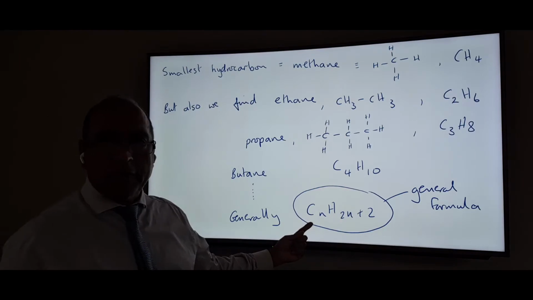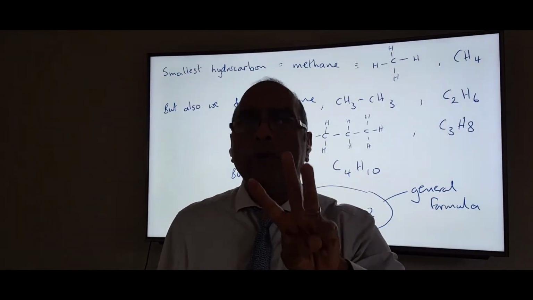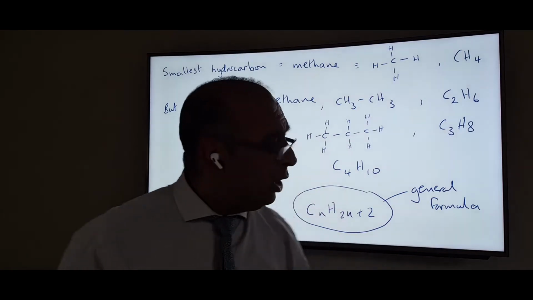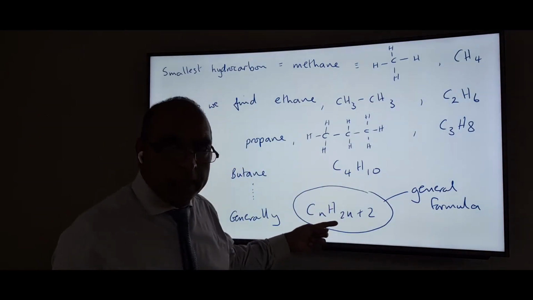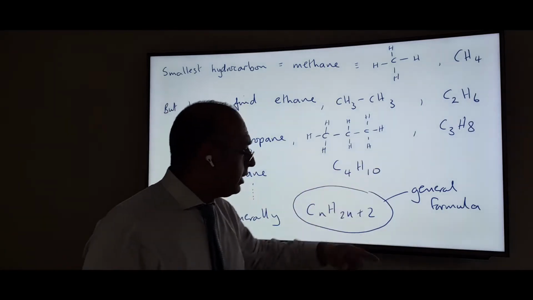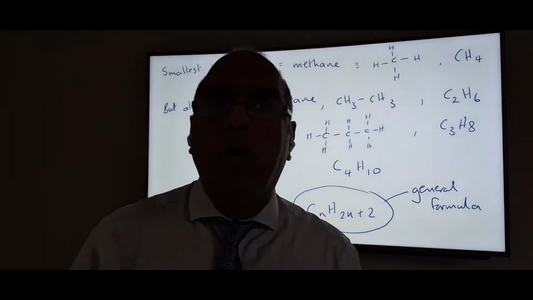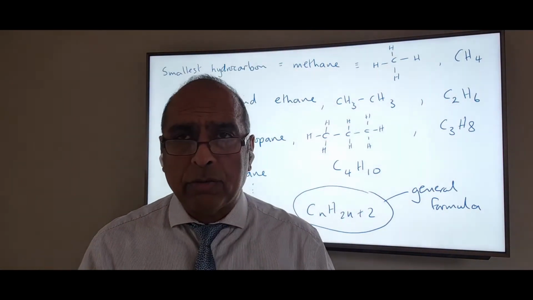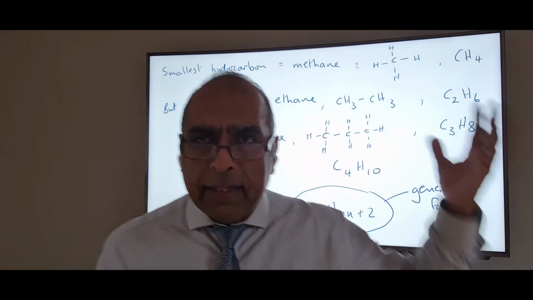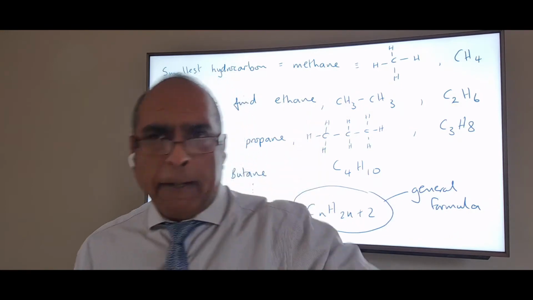With 3 carbons, you'll have C3, H: double it, 6, add 2, 8, C3H8, C4H10. The general formula of these things is CnH2n+2.